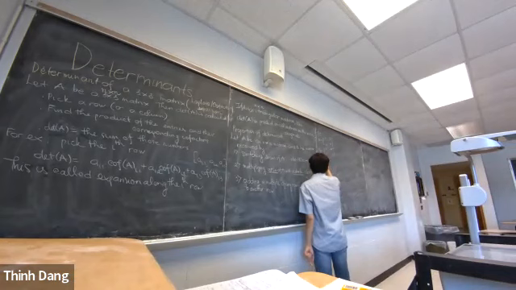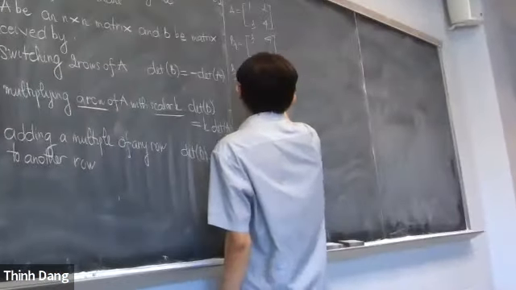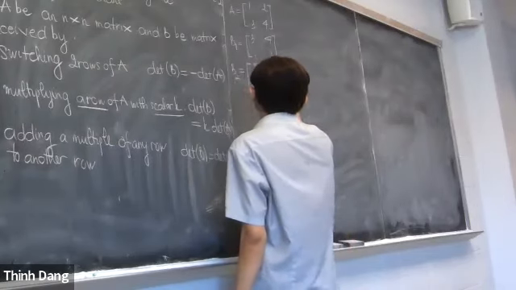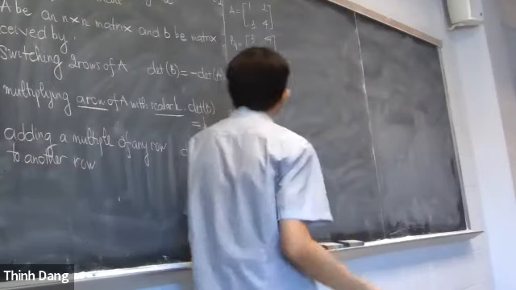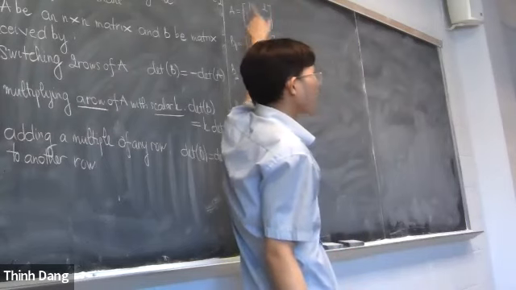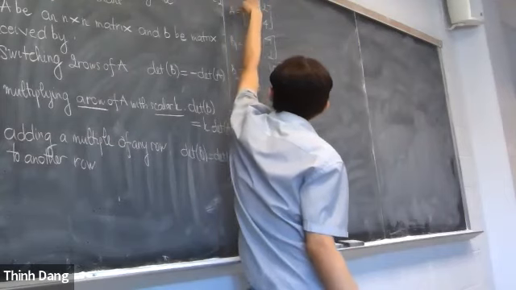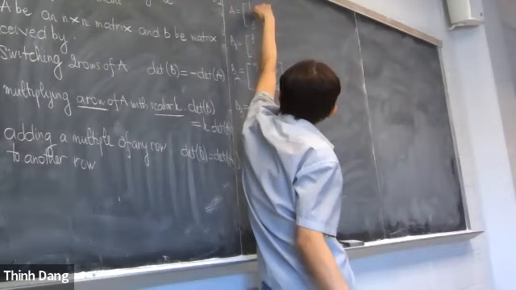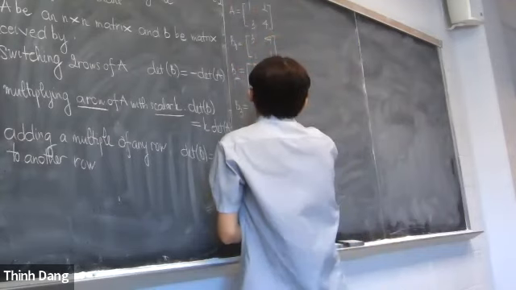For the matrix B2, I am going to multiply the first row with the scalar 5. So 5, 10, 3, 4. And for the matrix B3, I multiply the first row with 5 and add that to the second row. So 1 times 5 is 5, and 5 plus 3 gives 8. 2 times 5 is 10, and 10 plus 4 gives 14. So 1, 2 stays as the first row.